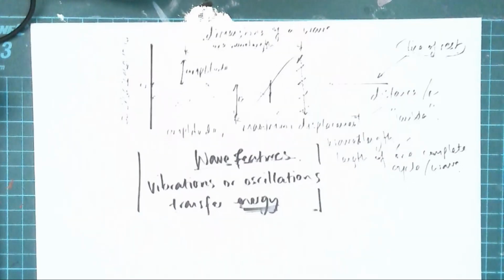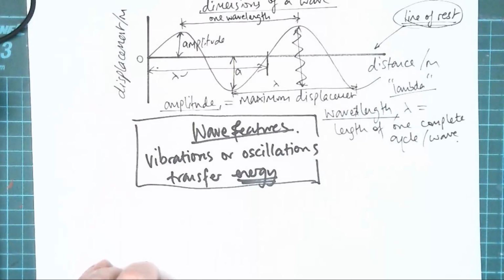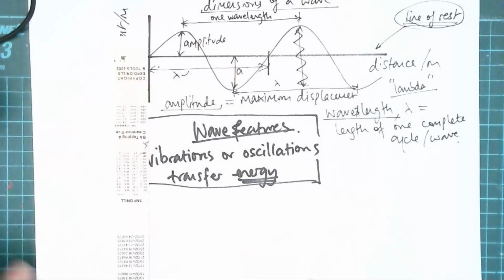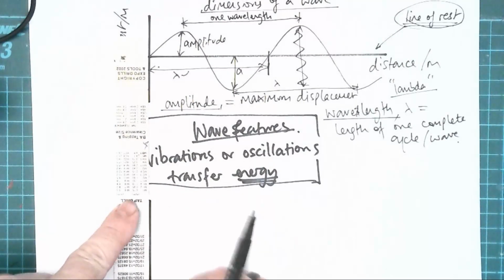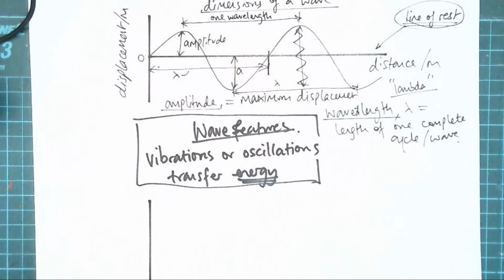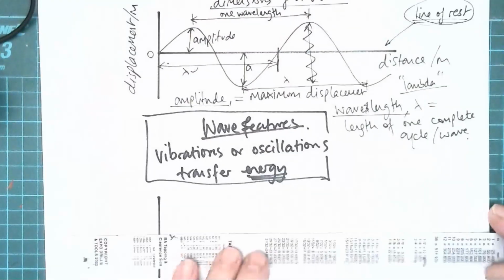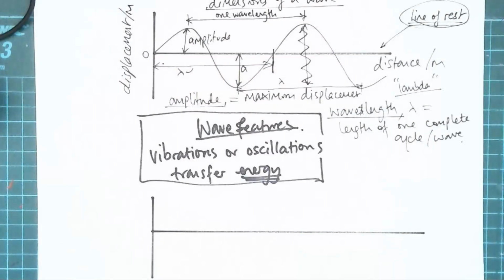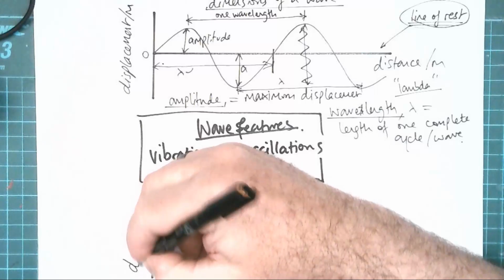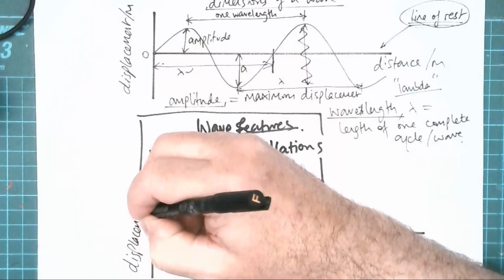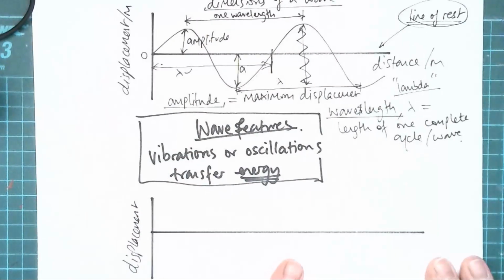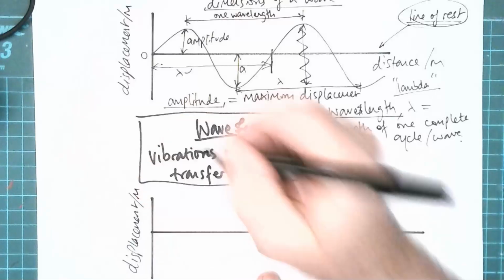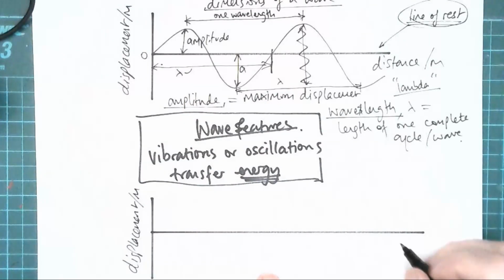In terms of time, okay, it's another way we can think of waves. We can think in terms of how long it takes for a wave to pass a point, for example. Okay, I'm going to draw a different graph because this time we're going to have the same label on the y-axis. We're still thinking about displacement, which is a measurement of distance. But on the x-axis this time we can have time.